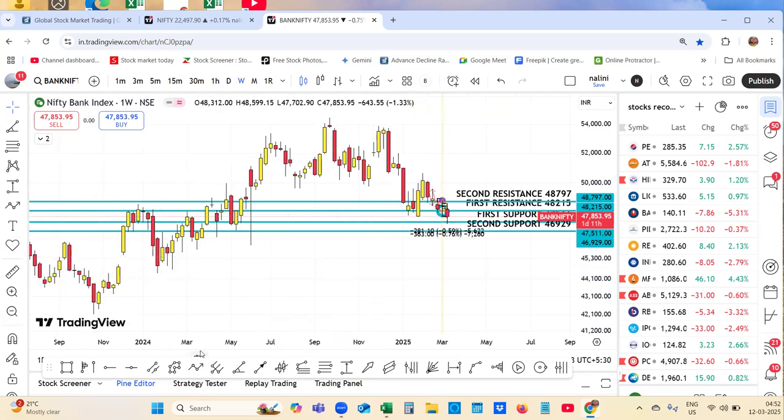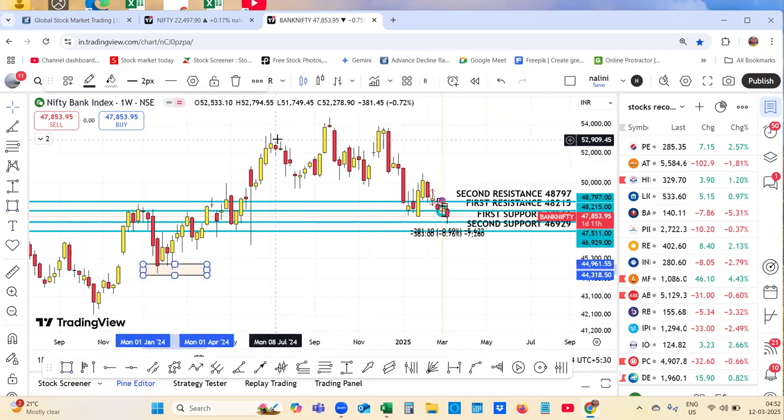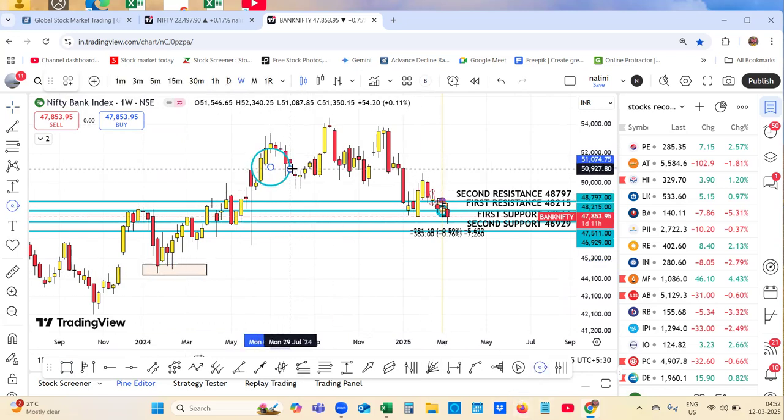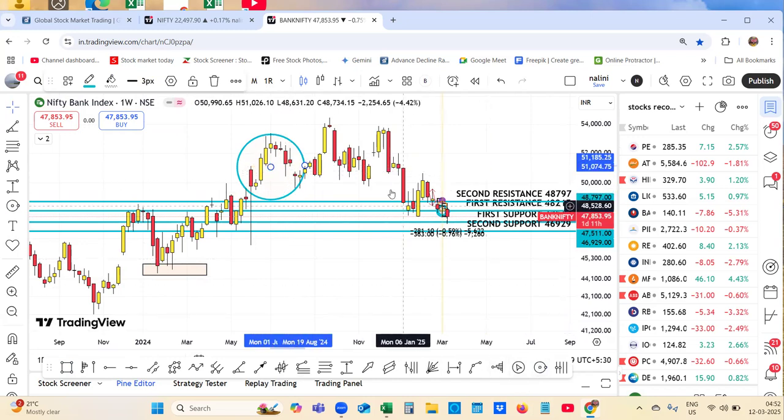This is the swing low for the Bank Nifty from where it has moved to the higher point. From there, there was a consolidation. You can see 3 cycles over here. If I put 3 circles from this range to that range, you can clearly see 3 circles over here.